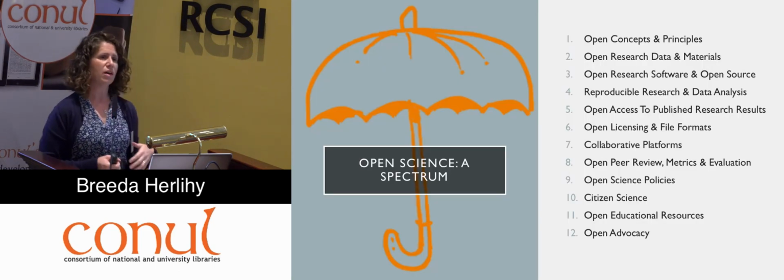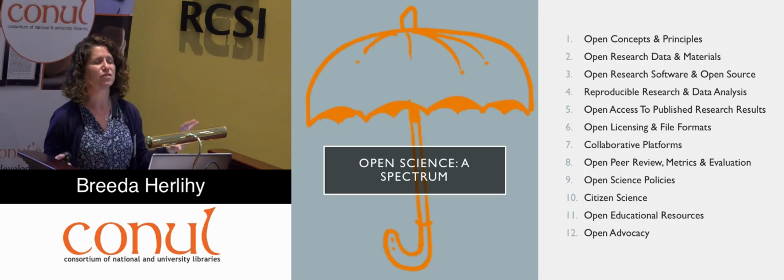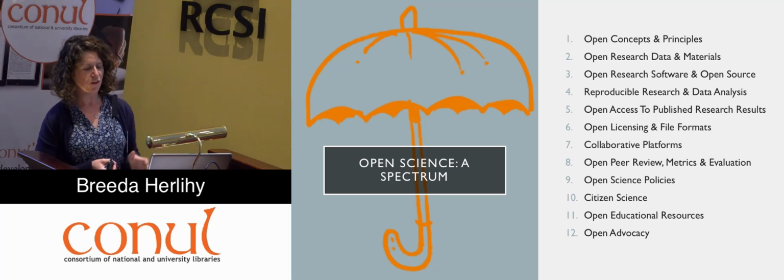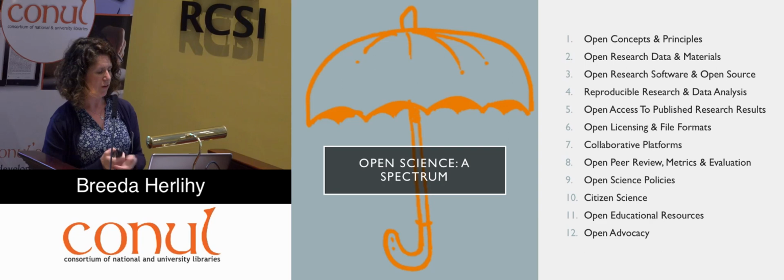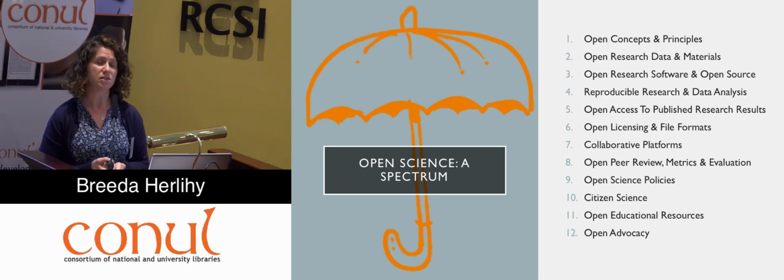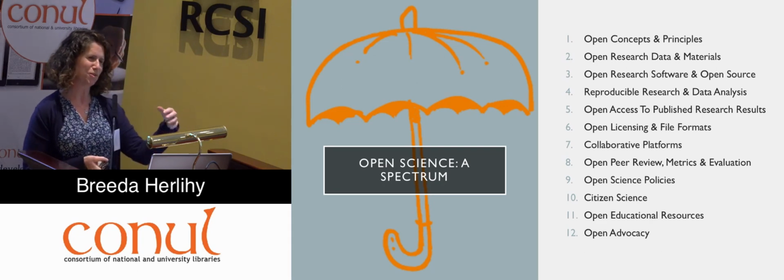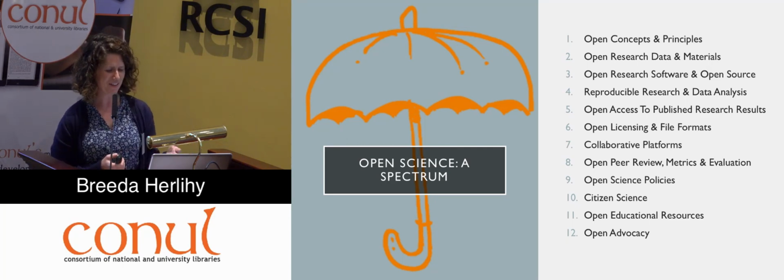However, it is something of a spectrum. There are lots of different aspects to it. I have 12 things listed here, and these are taken from the Foster Open Science Training Handbook. And I'm going to go through these today, trying to give you an outline of these components.